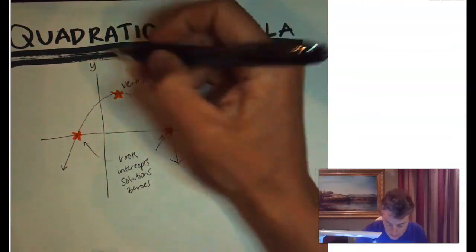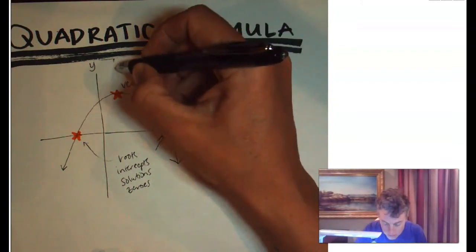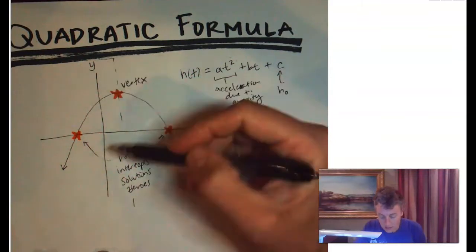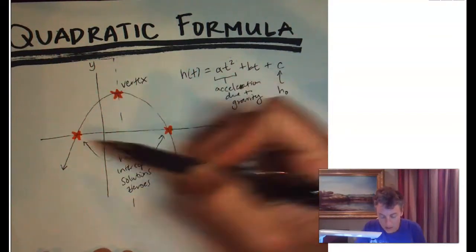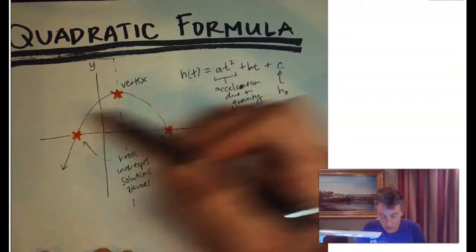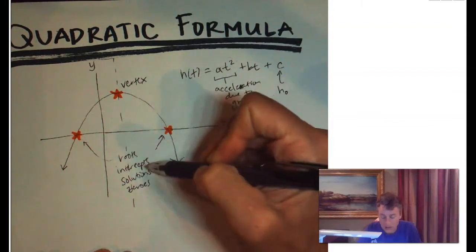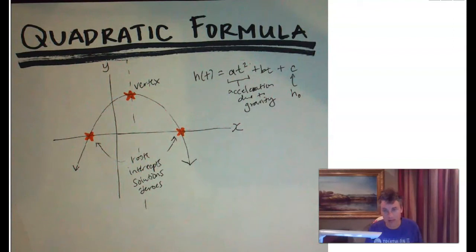And the reason is because these solutions are symmetric across that vertex. So if you know this, and you know whether it is a narrow parabola, a kind of normal parabola, or a wide parabola, you will always know the roots, intercepts, solutions, or zeros. So if you know the vertex, you will know the solutions. And that, my friends, is where the quadratic formula came from.